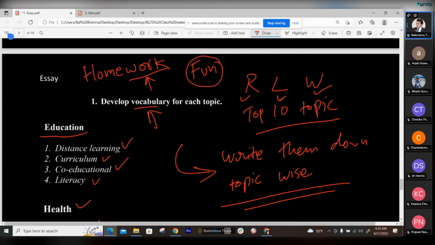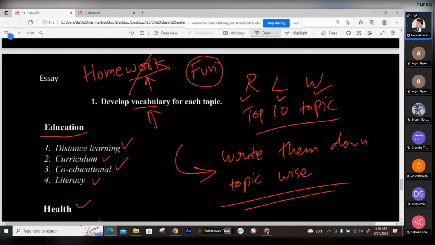Learn in order to understand your limitation. Learn in order to illuminate yourself. Learn in order to enlighten yourself. So, no homework. It's not a homework.